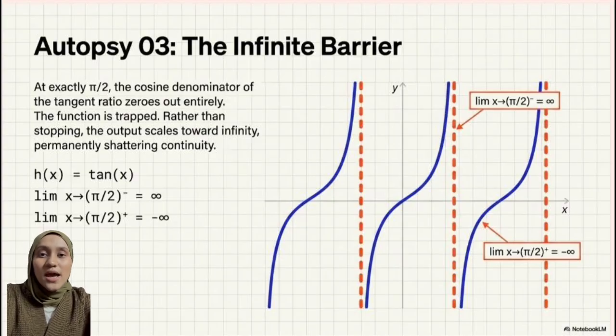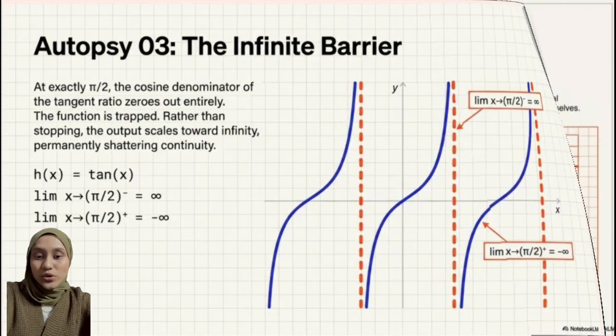Meanwhile, as x approaches pi over 2 from the right side, the function decreases toward negative infinity. Because the function becomes unbounded, the limit does not exist at x equals pi over 2. This type of discontinuity is known as an infinite barrier or vertical asymptote.